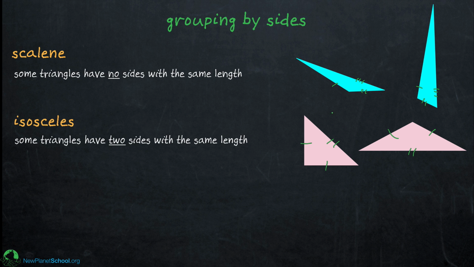Now notice that if we're grouping by sides, these 2 triangles look significantly different even though they both satisfy the definition of isosceles. And so even though we're talking about sides here, it's useful to also talk about the angles. So when we talk about angles, we'll see how these two concepts come together to be able to distinguish these 2 sorts of triangles. Now, isosceles triangles are very important.